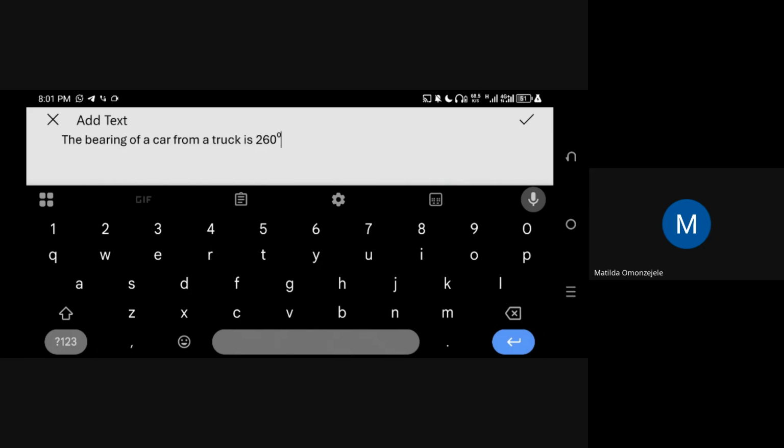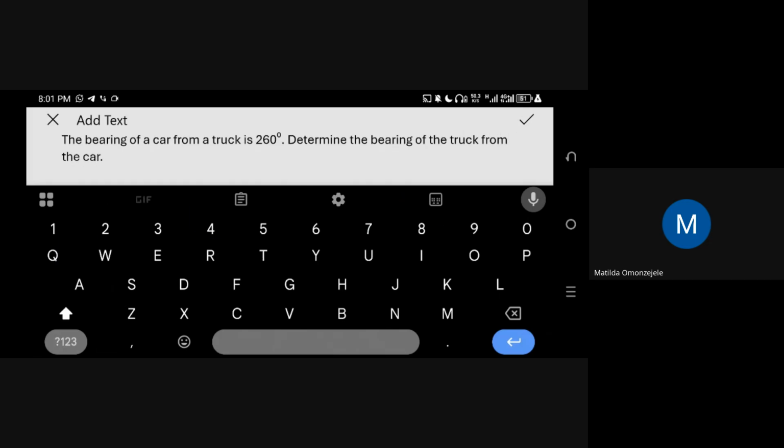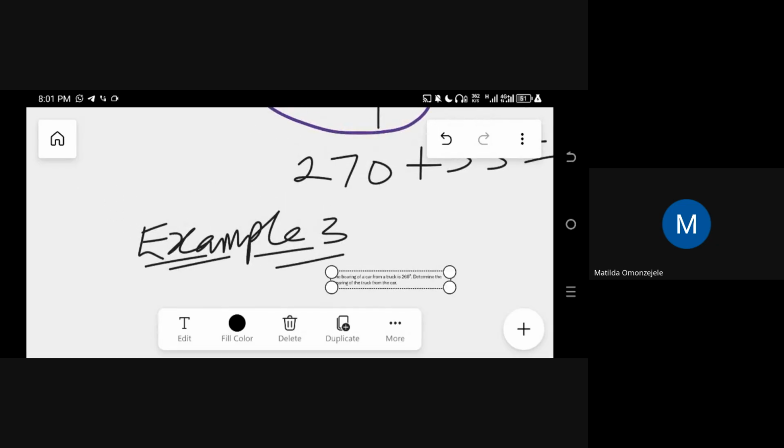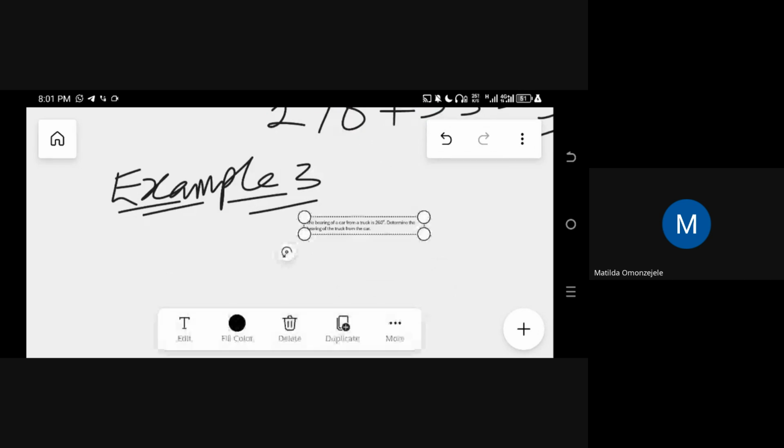The bearing of a car from a truck is 260 degrees. Determine the bearing of the truck from the car. Okay, so I think this is the question we'll deal with.